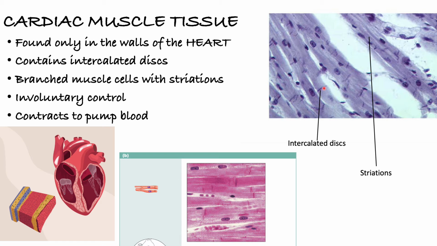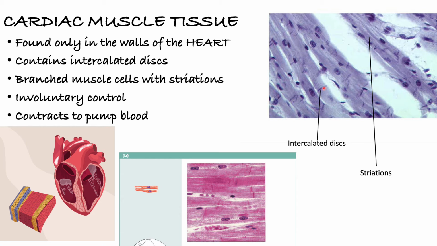You're not going to see this in any other muscle tissue, because these intercalated discs are responsible for the electrical conductivity of the heart. I always use the example: if someone's heart stopped, they're going to be defibrillated.